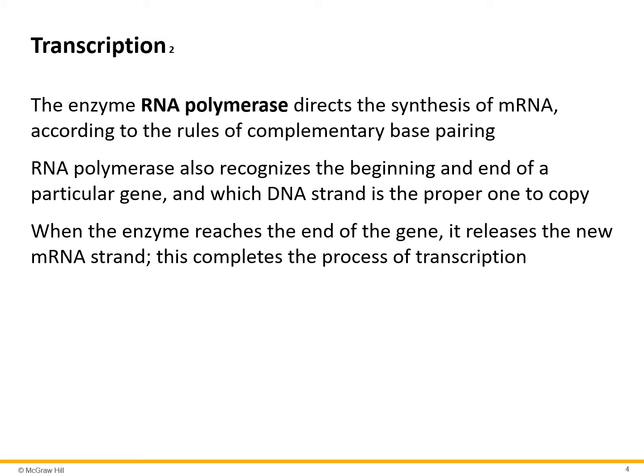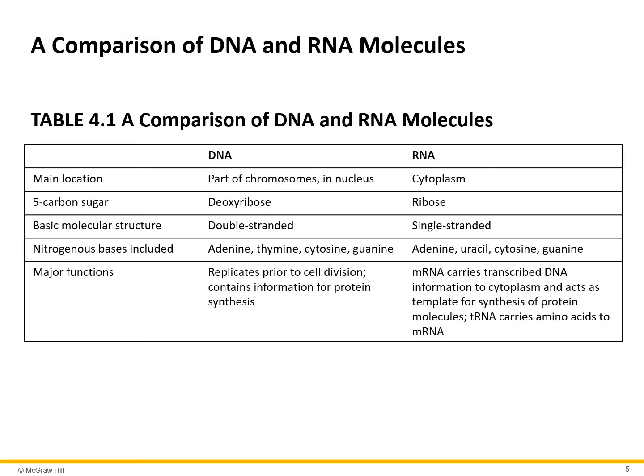As we look at this, it's the same thing we talked about: it has uracil instead of thymine, it is single-stranded instead of double-stranded, and it is ribo instead of deoxyribo. So this is just going through that.